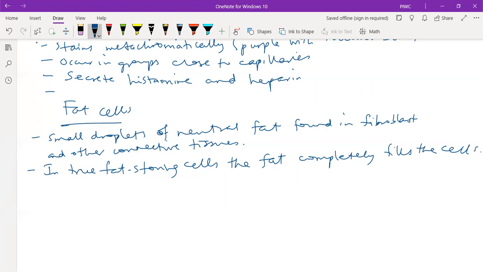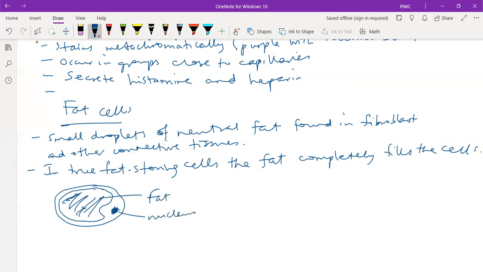What you have will be something that looks like this: the nucleus will be pushed close to the cell membrane, and then the fat will fill up the whole cell.